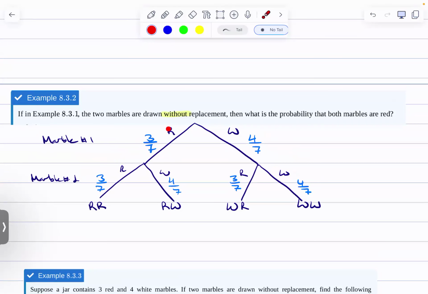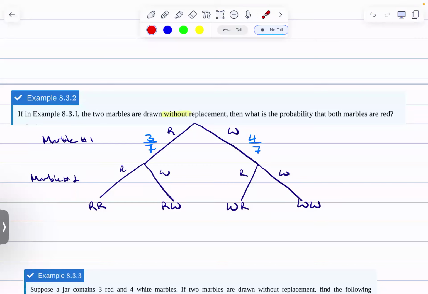So now we're sampling without replacement, which means that I need to change my second marble probabilities, because then it'll be conditional on what happened with the first marble, right?